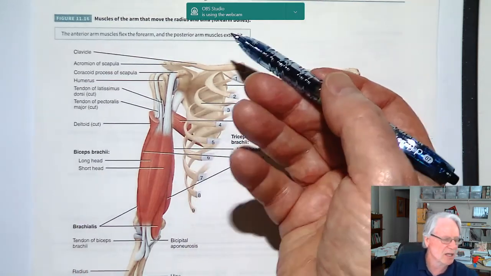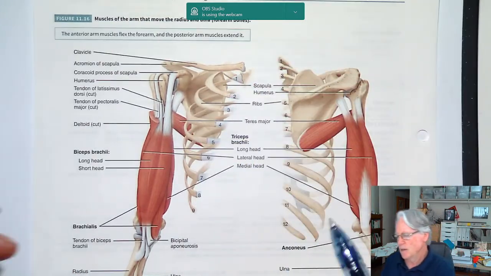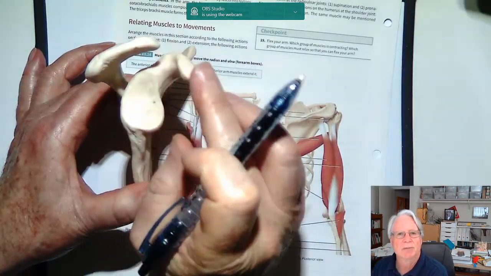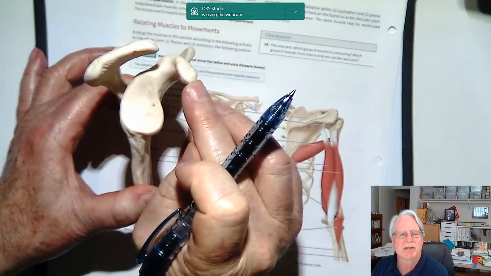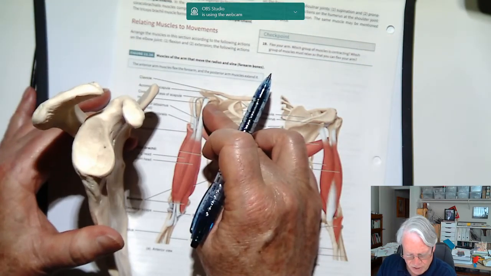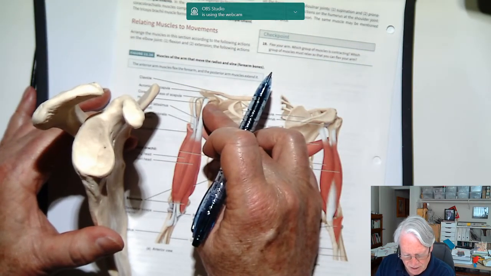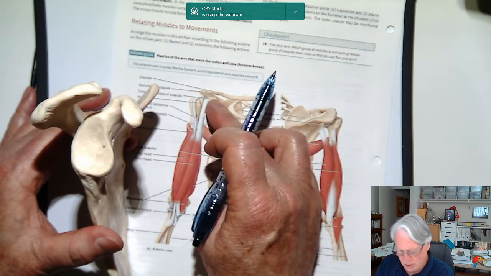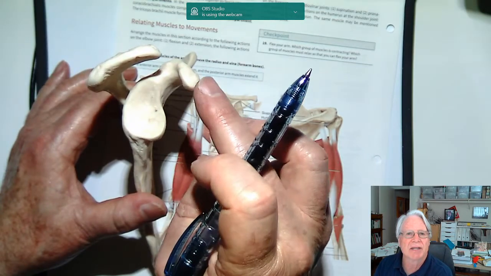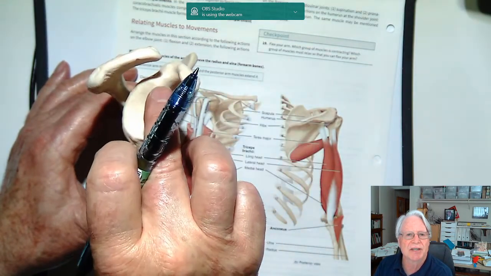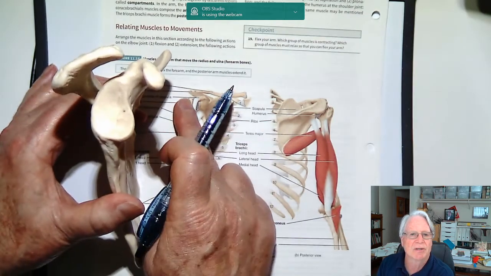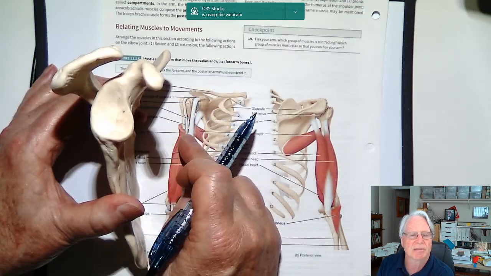So what we're looking at here, we're connecting to this point right here. This is the short head. Okay, and that's connected here, and the long head is connected to that point right there, which is what you've seen right here.